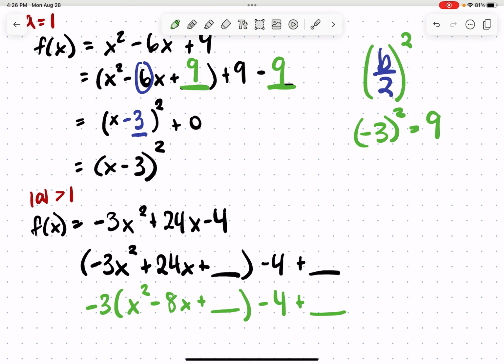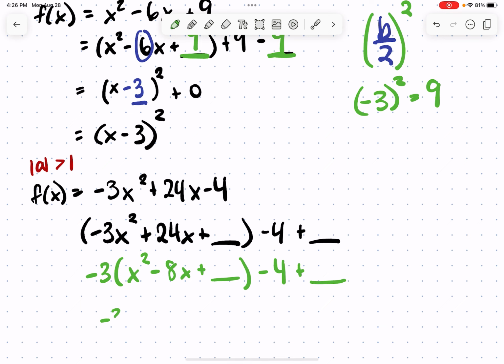So when I complete the square, I'll bring my GCF down. Never drop your GCF. Once again, I'm going to say, okay, half of b gives me this term. So x minus 4 is my squared binomial term. And -4 squared gives me +16.